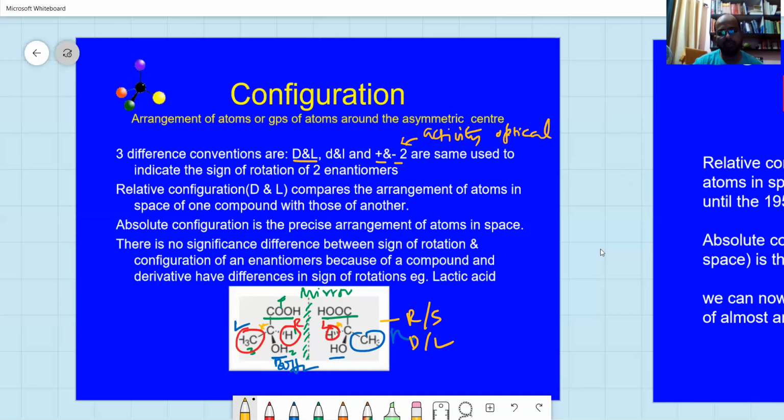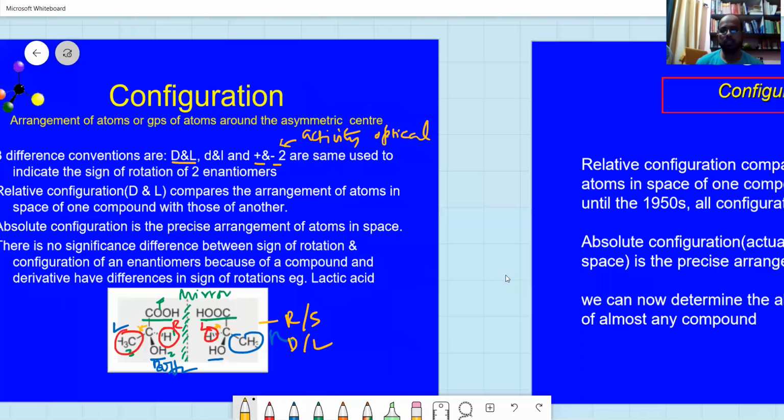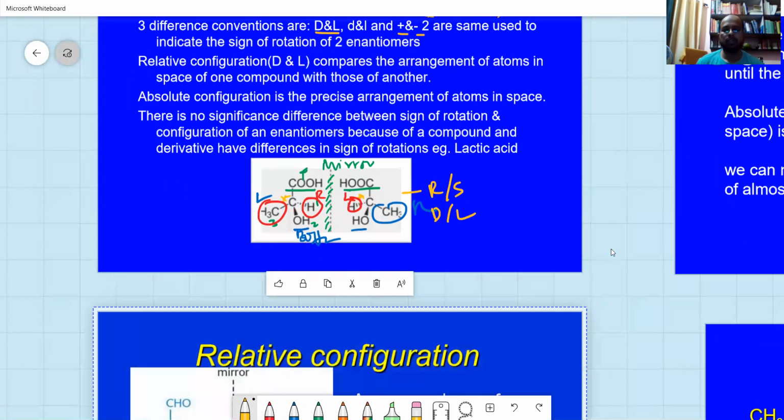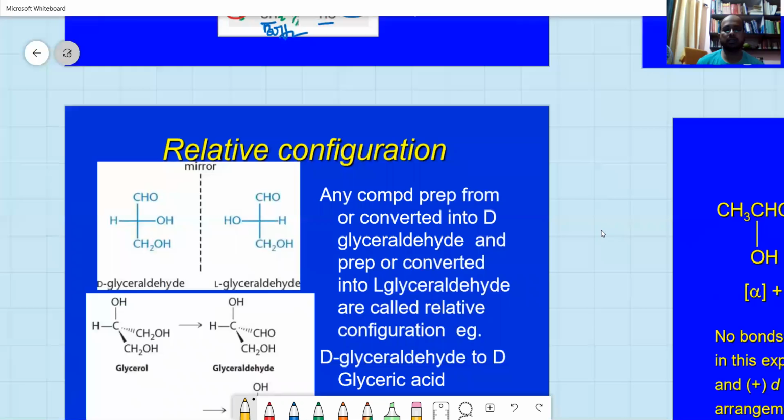So there are compounds where you can describe both D configuration and L configuration, and R notation as well as S notation. So they will usually give the example and ask you to identify the D and L and R and S notations. So let me first go to the relative configuration.